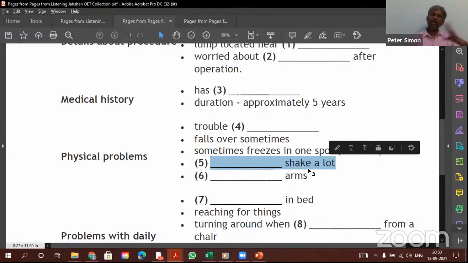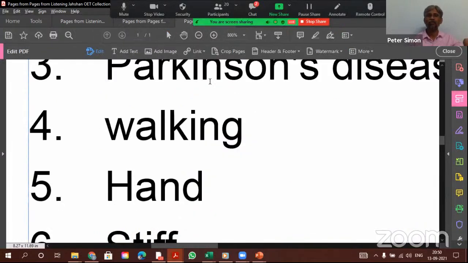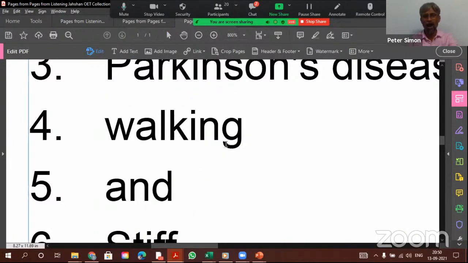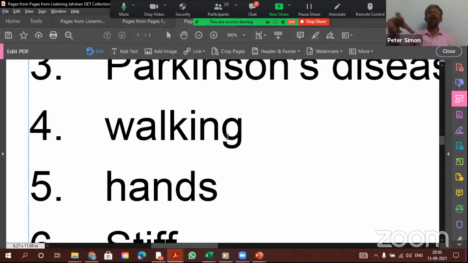So, singular and plural controversy. So the answer given in the question paper is wrong. It's not hand, it's hands. This is called singular plural controversy. You should understand whether it is singular or plural. If you write hand, it's wrong.